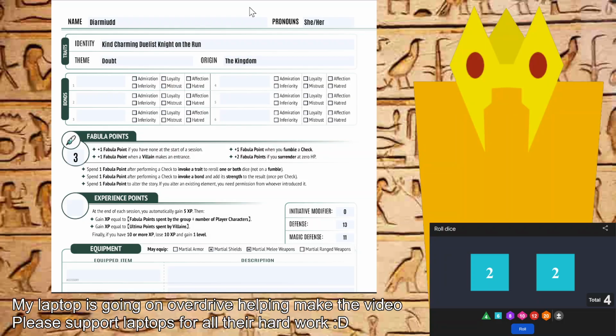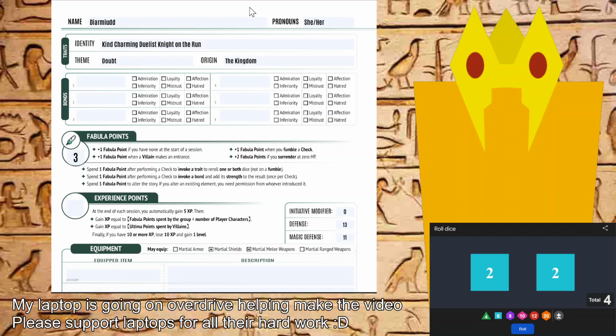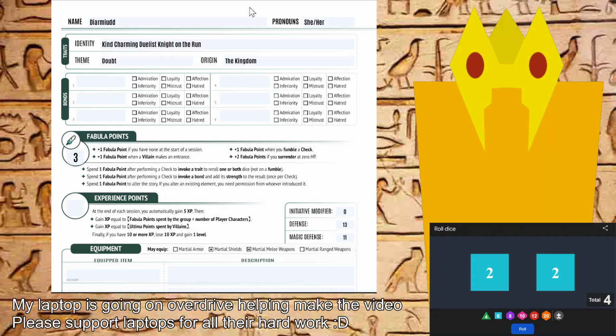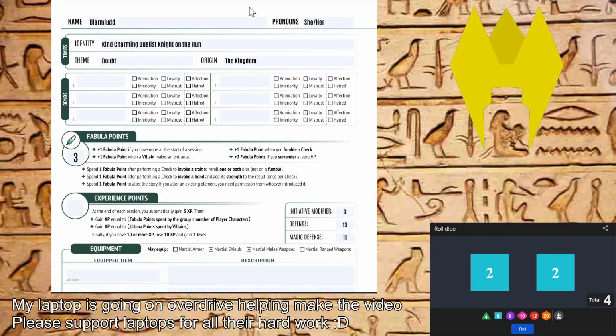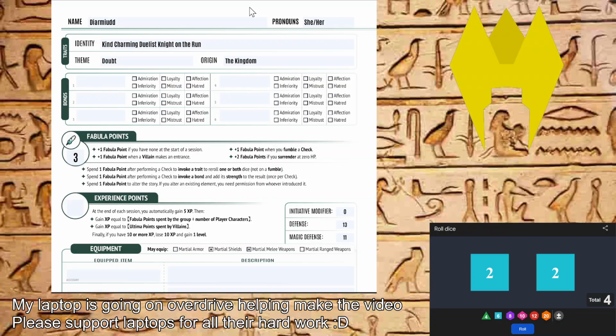However, her fellow knights actually break her out, give her the equipment that she could possibly need, some funds, and tell her to get out for her own sake, for her own life.